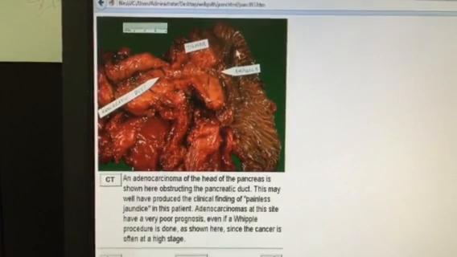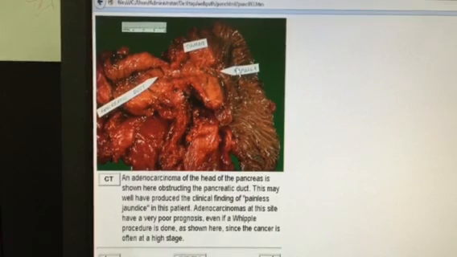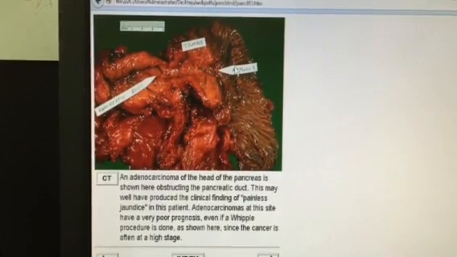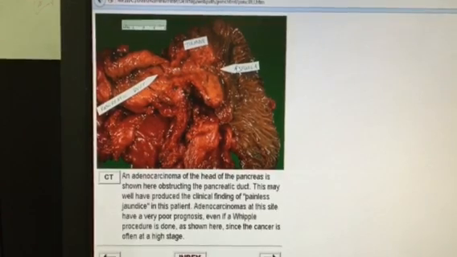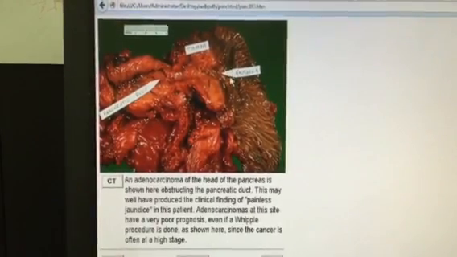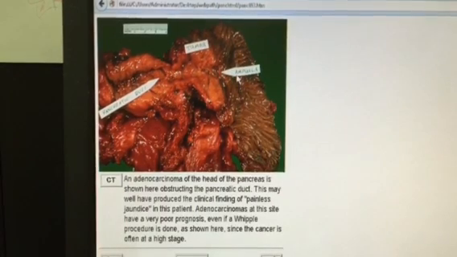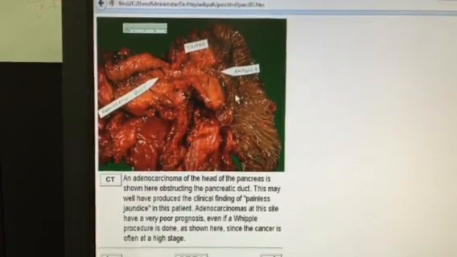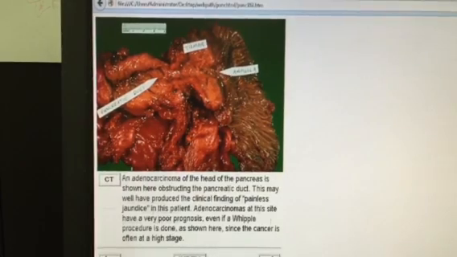So if the patient has carcinoma in the head of the pancreas, even if he undergoes a Whipple procedure, it will not be that helpful for the patient. And if the carcinoma is in the head of the pancreas, the patient will present with symptoms late or at a higher stage.